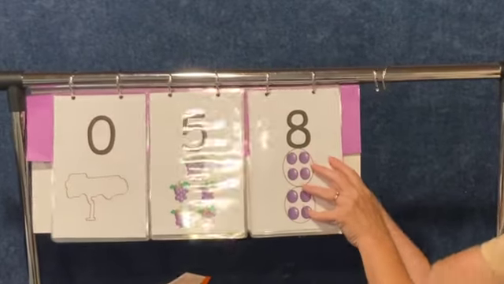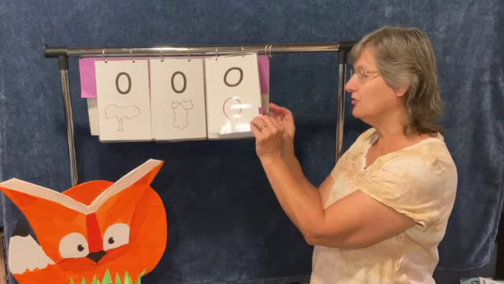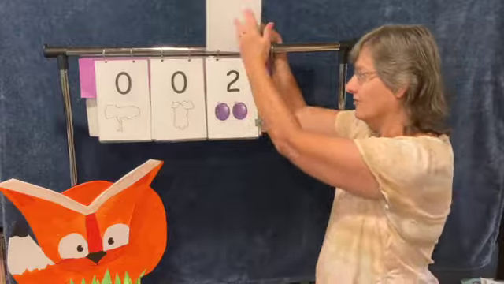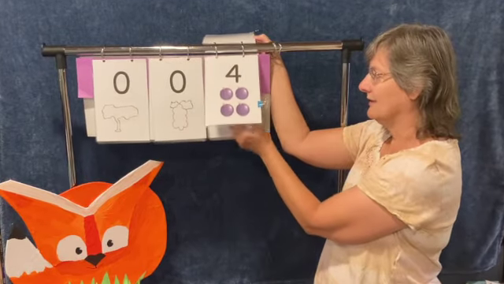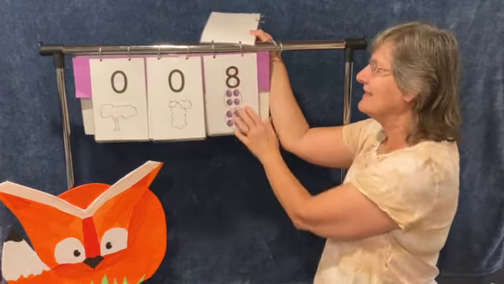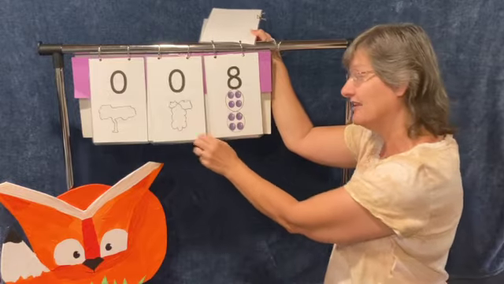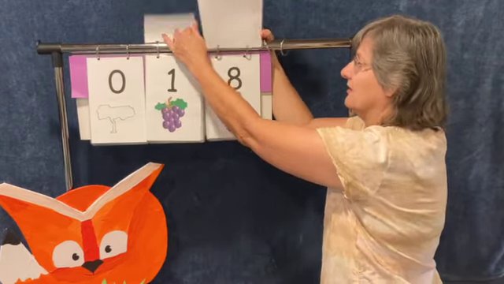So if you were counting by 2s, you would clip 2 together and you would have 2, 4, 6, 8, and after the 8 is when you would flip over here because we're counting by 2s.